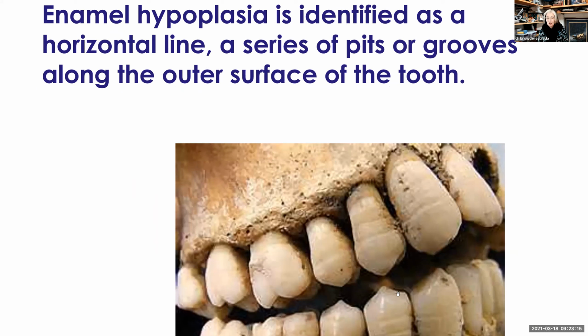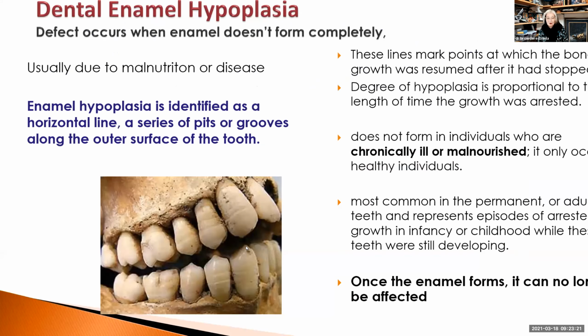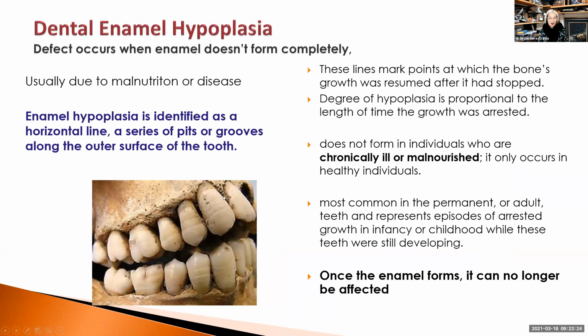We can see it on the lower teeth as well. We've also got a little plaque down here, and we can see that this person had some gum disease going on as well. There's also some wear here. So there's a number of little pathologies going on, but the horizontal lines are dental enamel hypoplasia.